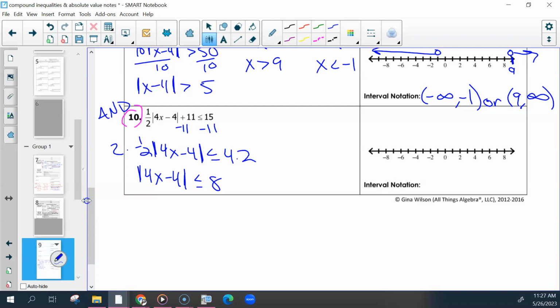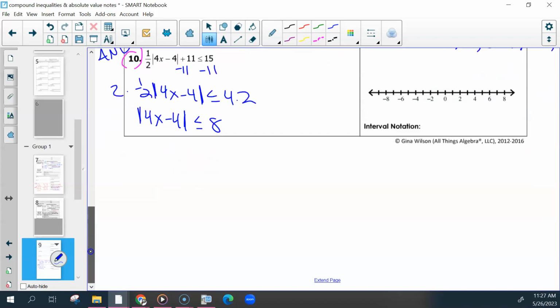It's still a less than or equal to, so it's still going to be an and. Then we can create two cases. 4x minus 4 is less than or equal to 8, and 4x minus 4 is greater than or equal to 8. Sorry, negative 8. And then solve both.